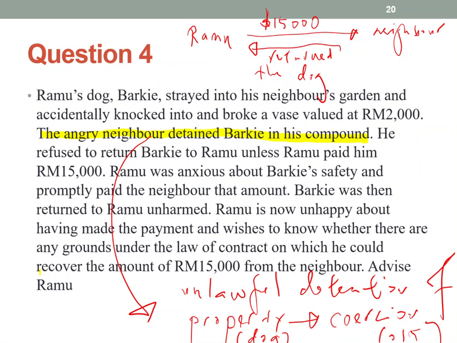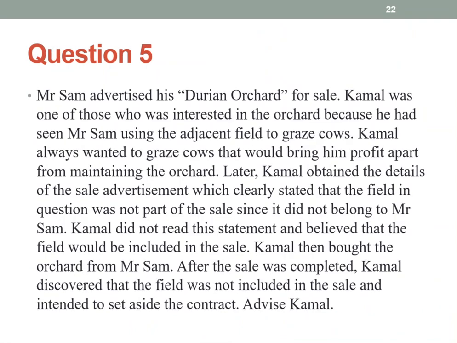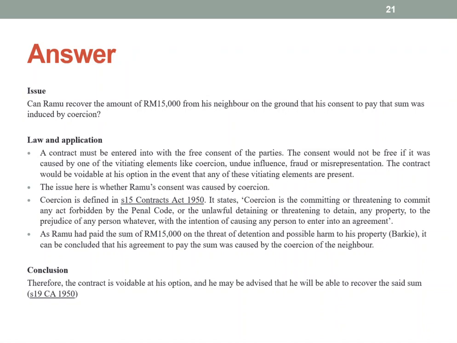Okay, if you want a simple answer, this is a simple answer. So what you can say over here is, can Ramu recover the amount of 50,000 from the neighbor on the ground that the consent to pay the sum was induced by coercion? Under law application, you can say that a contract must be entered with free consent.